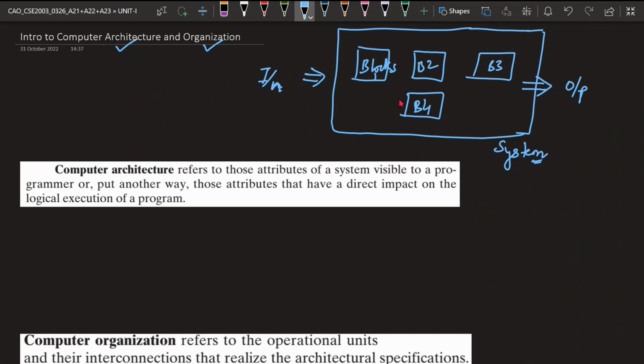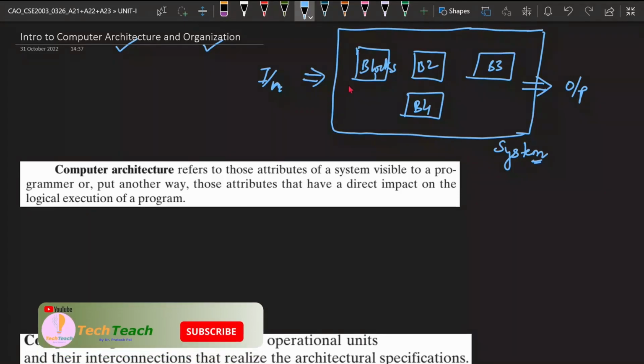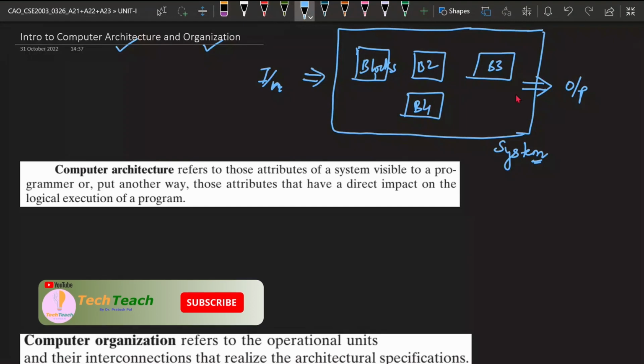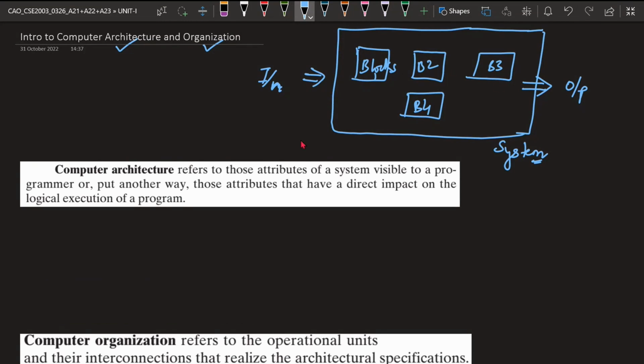So we are giving some input and getting some output, and these building blocks are going to coordinate with each other to get that output by performing some operation on the inputs. These building blocks are considered the architecture. Inside a computer system, different architectures or different configurations are there, and these configurations will be considered the computer architecture.